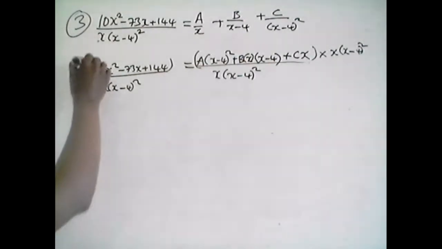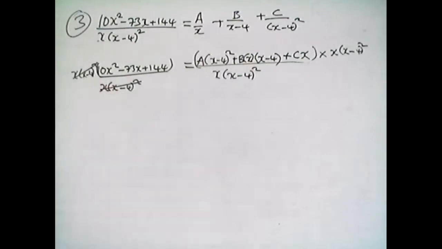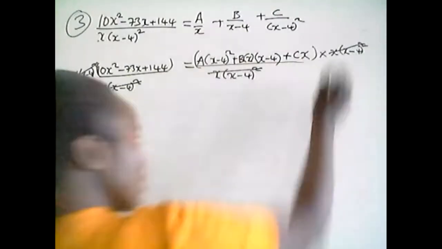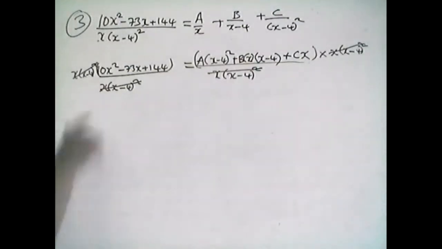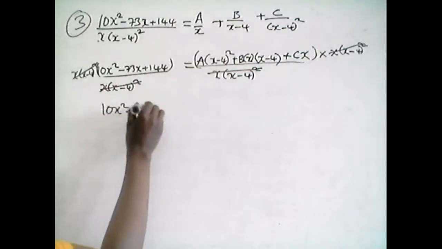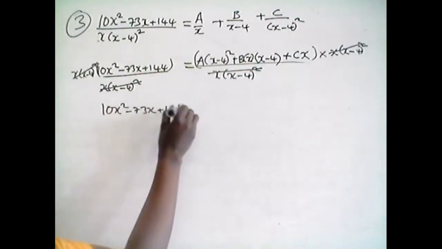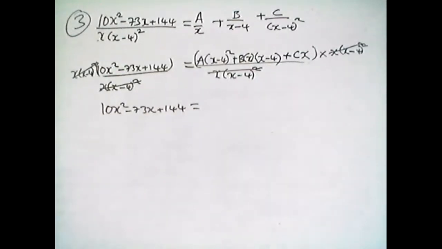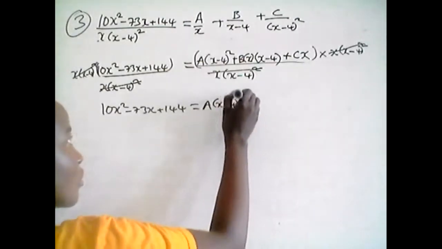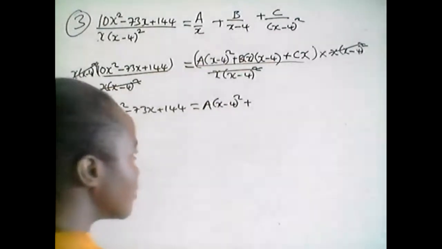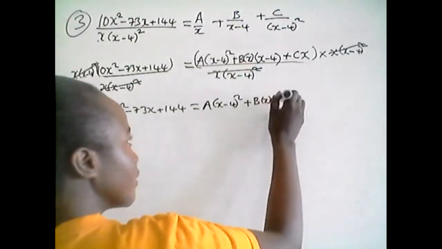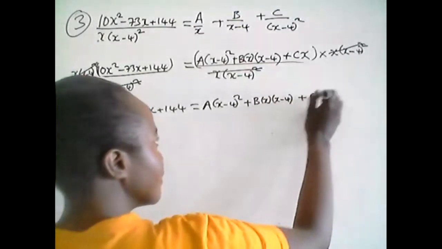You are able to see that this part and that part cancel, and this part and that part also cancel. They're going to remain with just 10x squared minus 73x plus 144, which equals a times x minus 4 squared plus bx times x minus 4 plus cx.